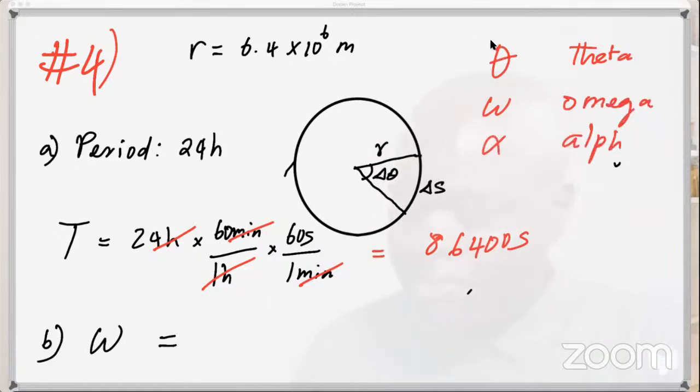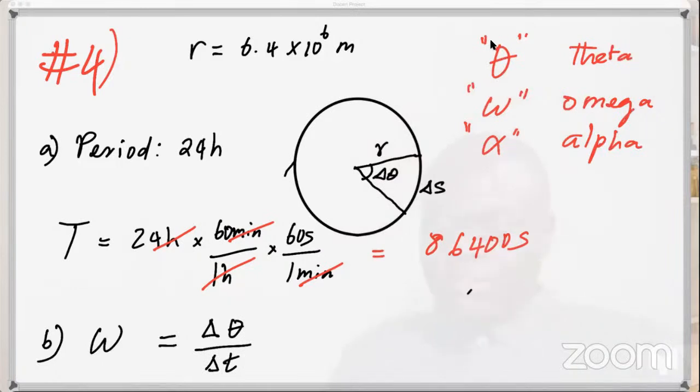So you may want to write this down, because you'll be saying this throughout all chapters that deal with rotational motion. And you have to use the right symbol. You cannot make them up, because each symbol means something else. So omega equals what? Delta theta divided by delta T.